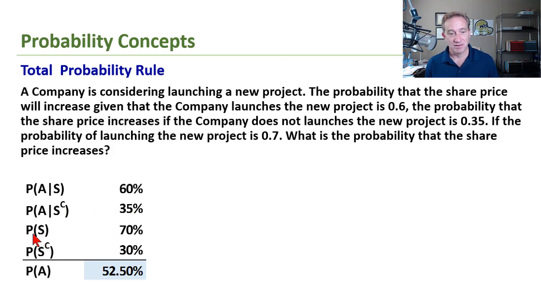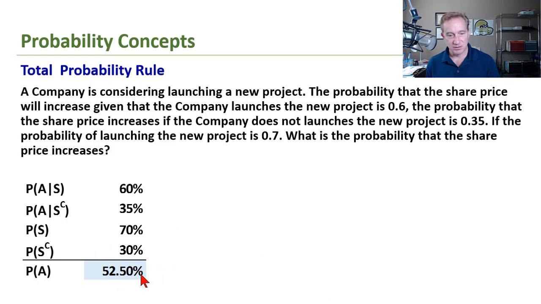And then here we have the unconditional probability of launching the project is 70% as opposed to its complement of 30%. And then the question is, what is the unconditional probability that the company's share price increases?